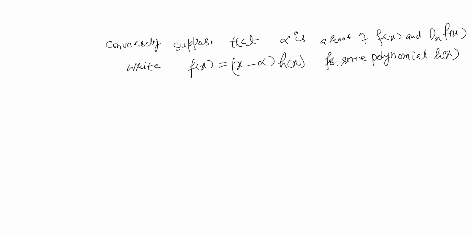Now take the derivative of this polynomial, so d/dx f(x) is h(x), because the derivative of x minus alpha is 1, plus (x minus alpha) d/dx of h(x).